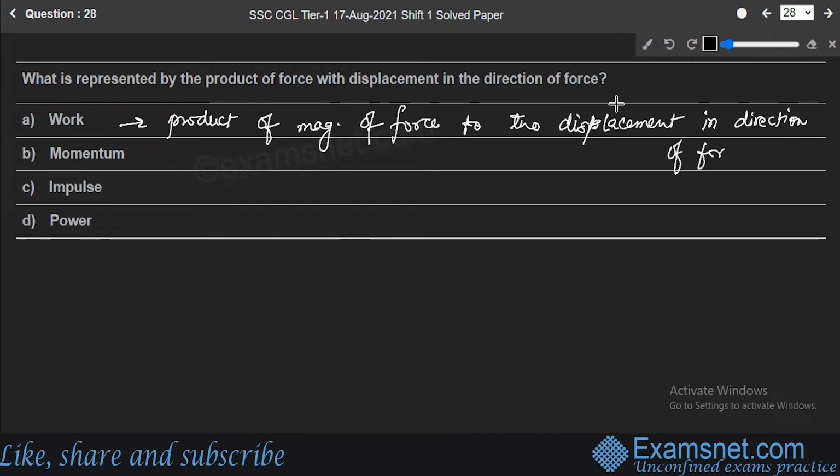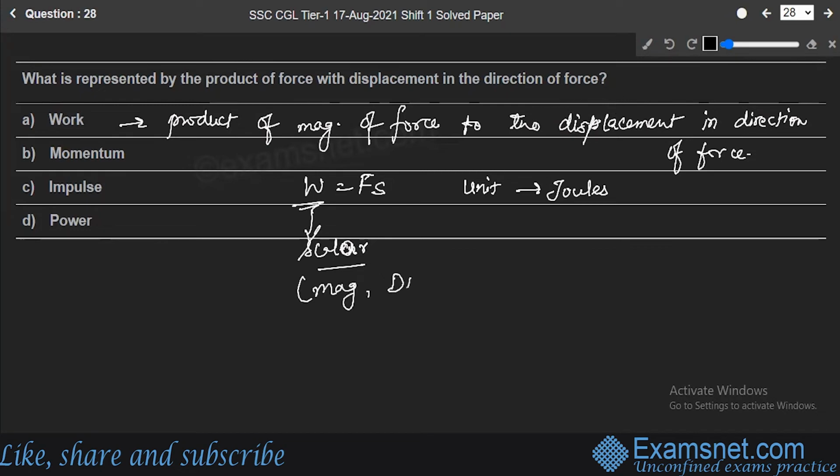It's written as W = F × S. The unit is joules. Work is a scalar quantity, so it has only magnitude and does not have direction. See, scalar quantities always have a magnitude and no direction. Work transfers energy from one place to another and from one form to another.